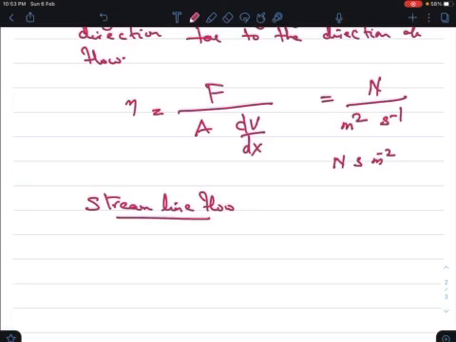They all go in a pattern. Similarly, streamline flow means if one particle is moving forward, the other particles also proceed with the same velocity without crossing each other. That is also called orderly flow.